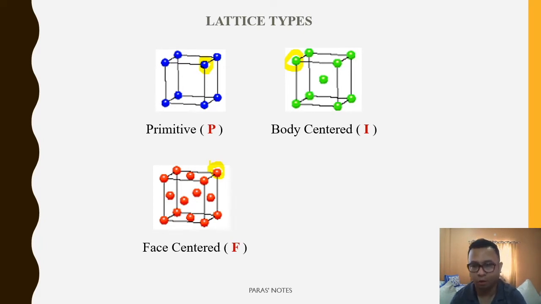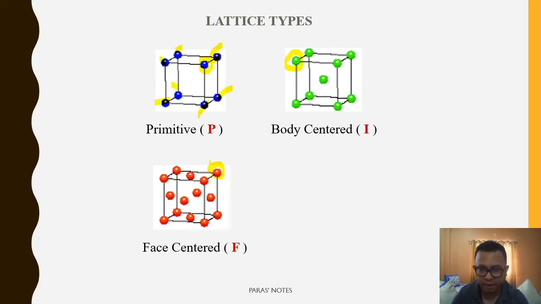Now think about a cube, and a cube has altogether 8 corners. When I talk about corners, where all the edges are meeting, that is what we call a corner. Look at this first primitive one, 8 corners: one, second one here, third one here, fourth one here, fifth, sixth, seventh, 8. These are the 8 corners.